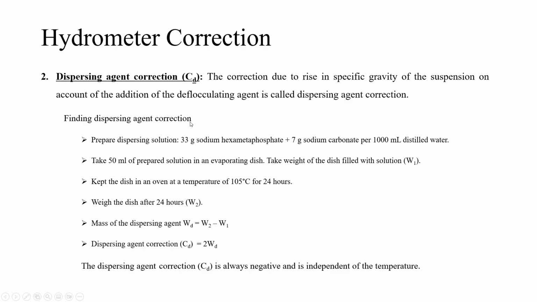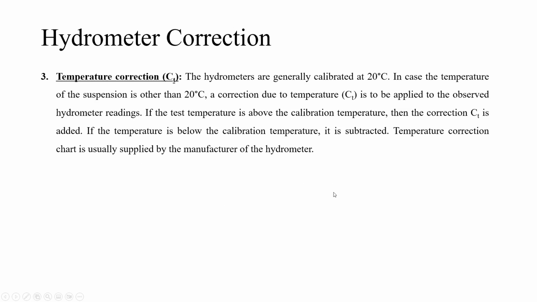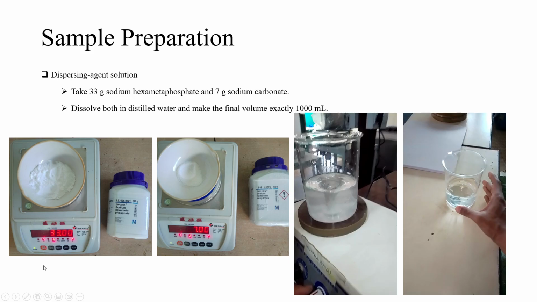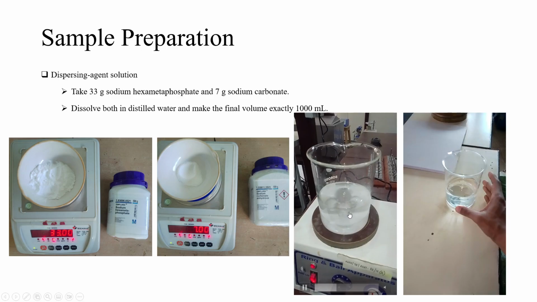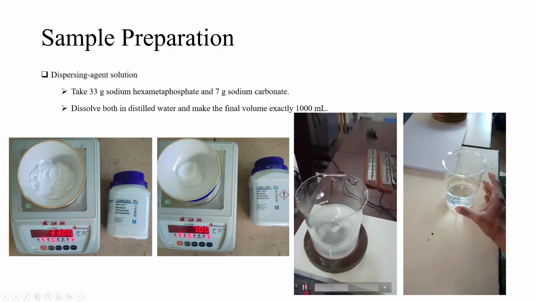First prepare the solution of this dispersing agent. For that, take 33 gram of sodium hexametaphosphate and 7 gram of sodium carbonate, and mix it in a beaker with the help of a mechanical stirrer.